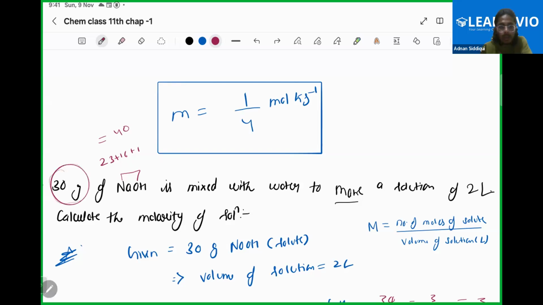You told that molarity is measured in terms of liter. That is for solution. This is the formula: moles of solute divided by volume of solution in liter.